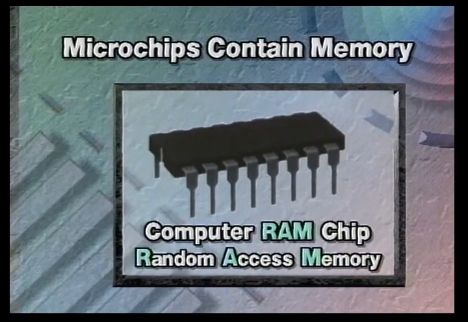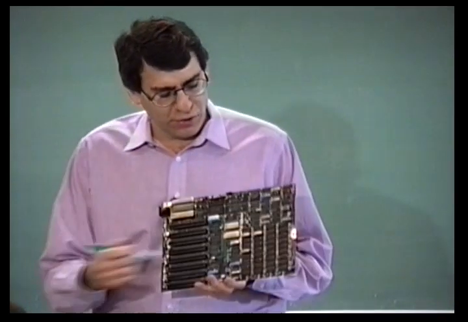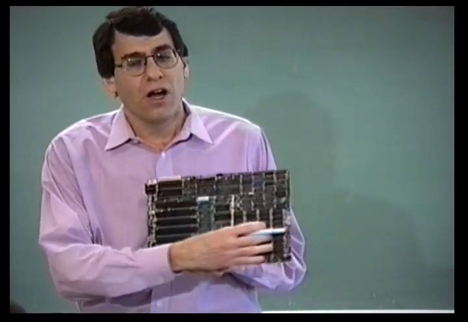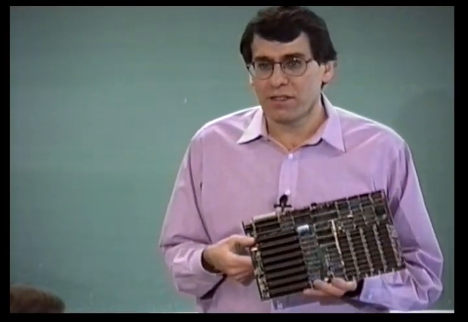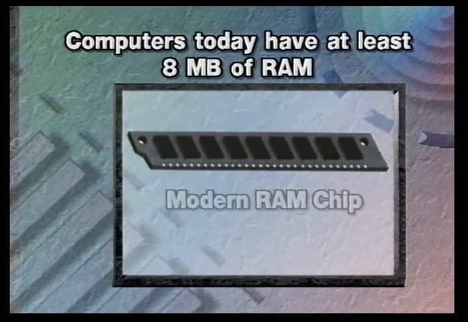And what it means is that all these circuits in the computer, all these little microchips, are randomly accessible in the computer. So it's called Random Access Memory. The point of the matter is there's a lot of it. There's a ton of it now compared to 1980, where you only had 640,000, and you thought that was a lot. And today you have, typically in a computer, 8 million bytes of memory, 8 million bytes of RAM.